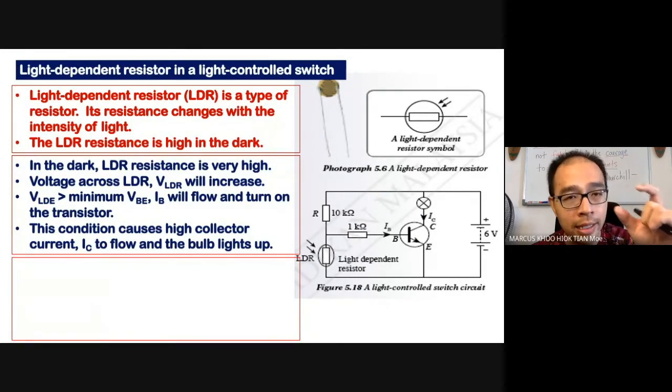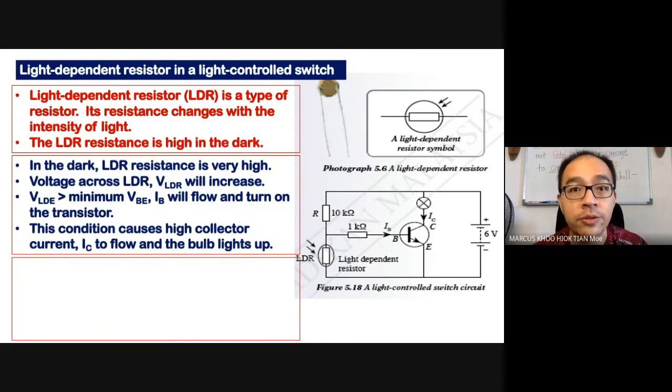The moment the light dependent resistor dapat sense bahawa it's getting too dark, it will increase its own resistance so that the voltage increases, and then the bulb lights up. So previously, when you were not studying physics, you only knew these two only. In the dark, the bulb will light up.